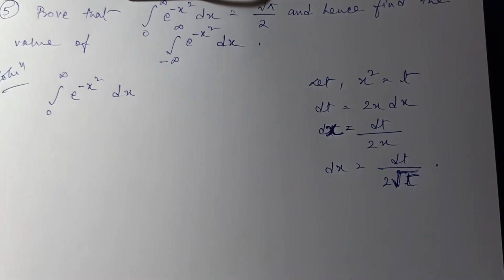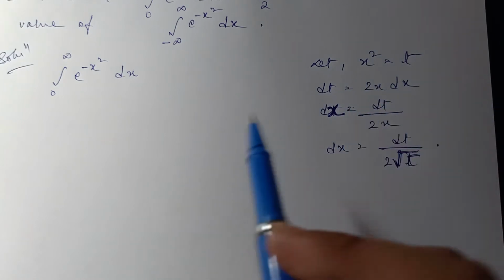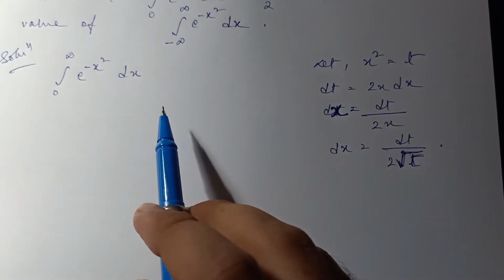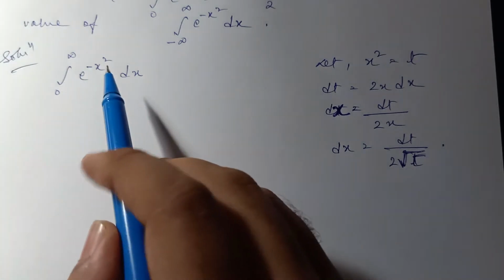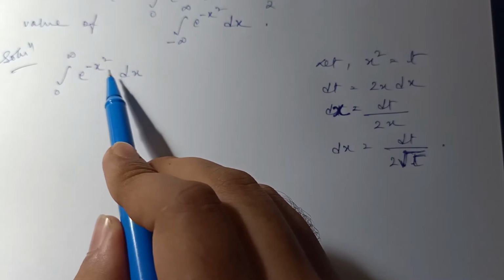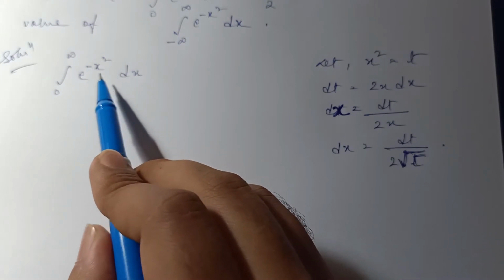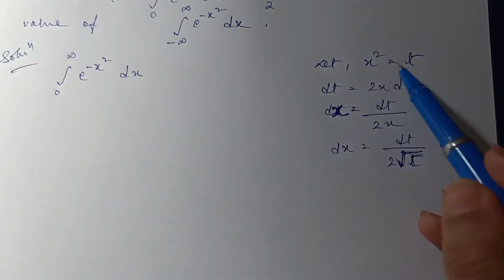So please concentrate. As I have discussed in the previous lectures, you need to substitute the variables or things present on the power of e, except the minus sign. So I let x square equal to t.